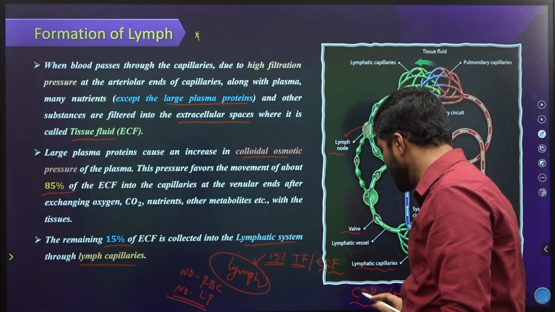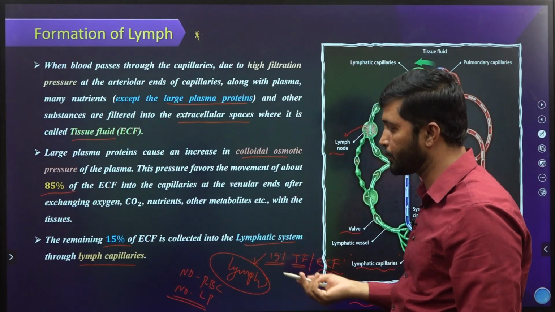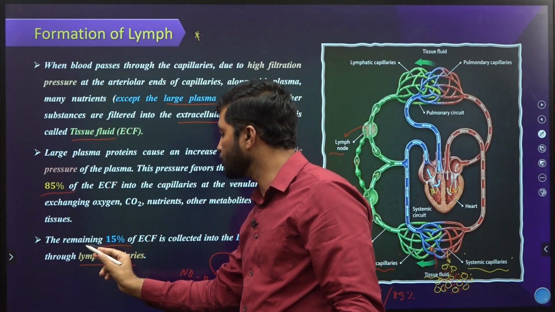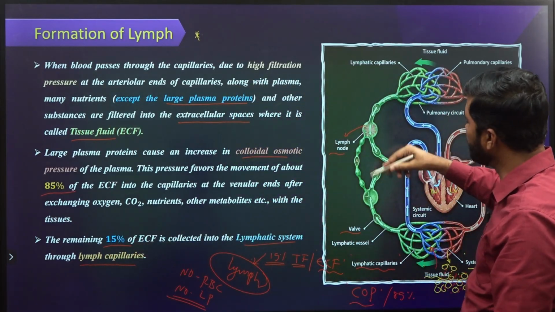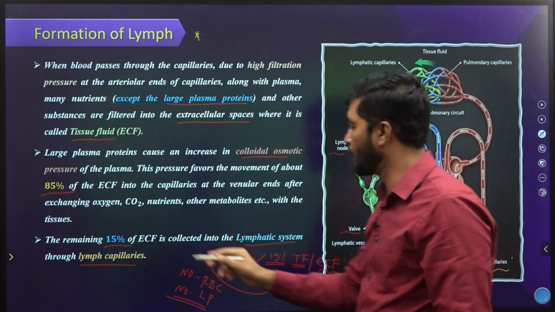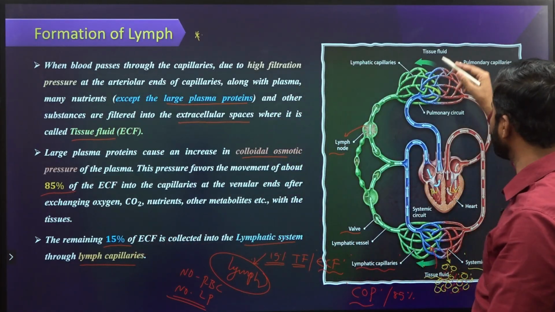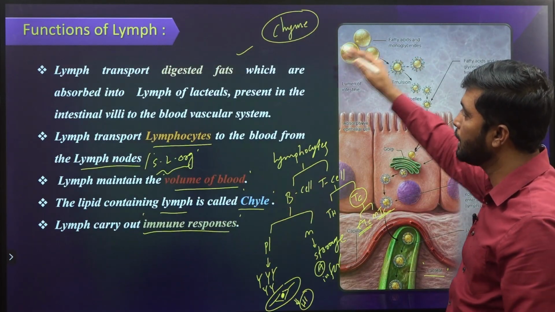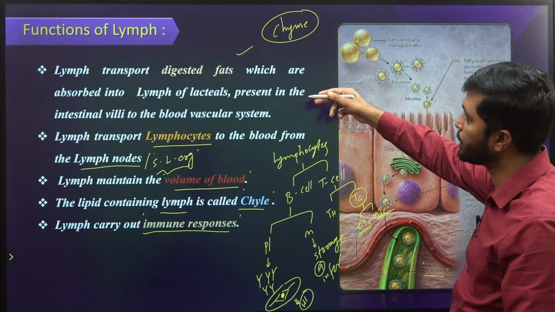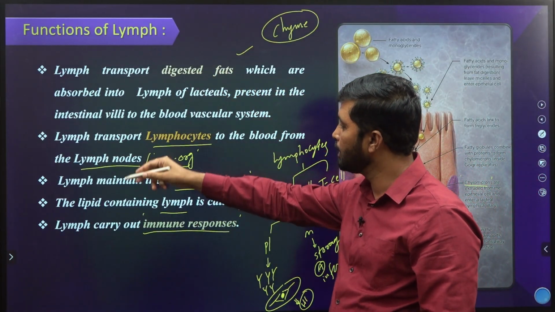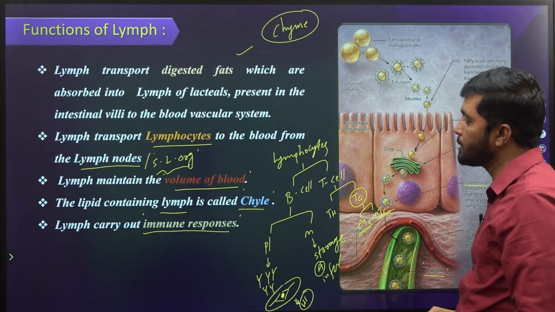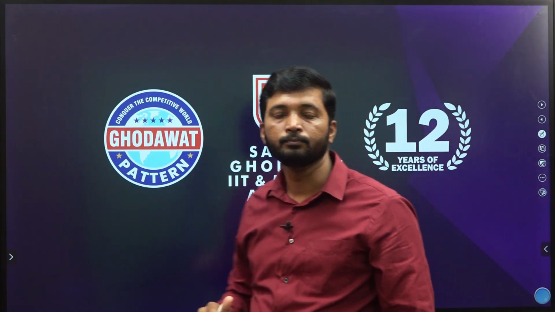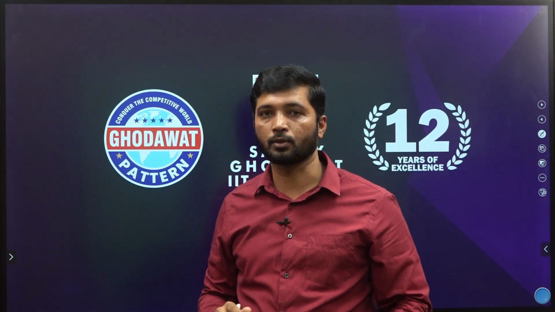Colloidal osmotic pressure is important: 85% of the fluid is absorbed into the venous system, and the rest of the tissue fluid, 15%, is absorbed by the lymphatic system. This is the formation of lymph with the structure. And now the functions: the main functions of the immune system, transport of fats, and maintaining blood volume, etc. So finally, the lymphatic system, lymph or tissue fluid, is closed. Thank you.